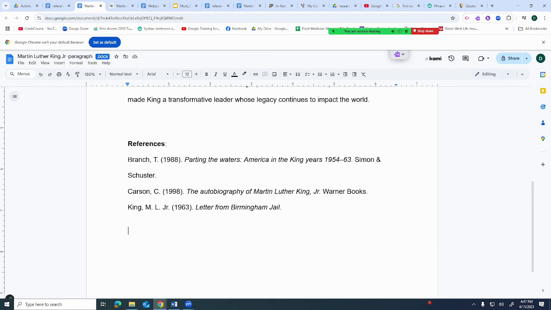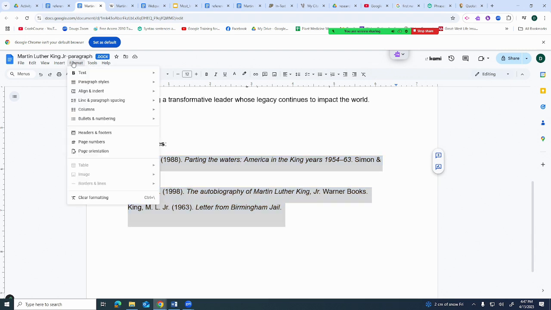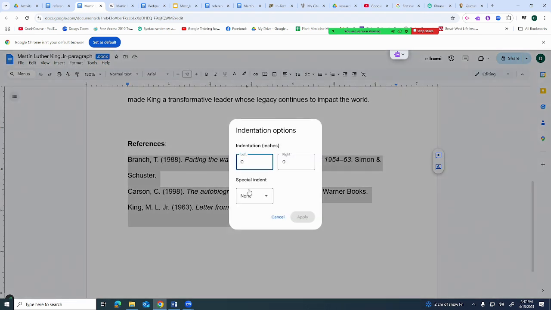Now we could simply select these and format them. Hanging indent.